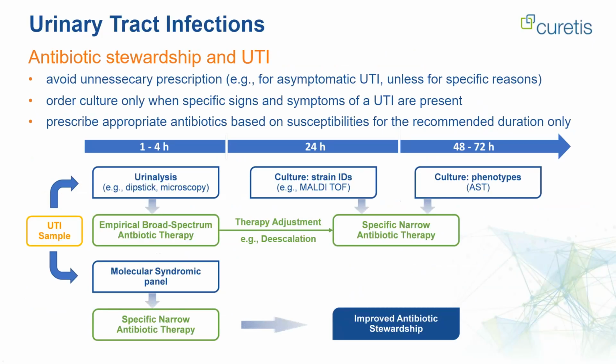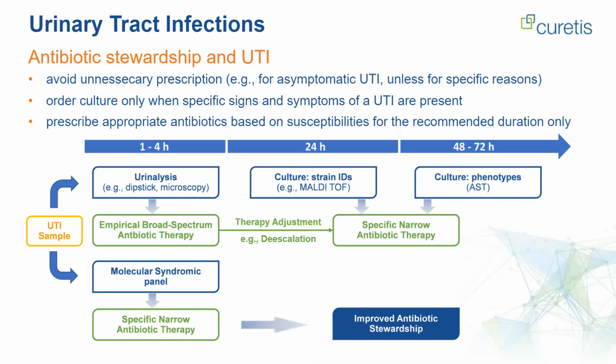Now, how can a molecular panel support patient management and antibiotic stewardship for UTI? So rules for reasonable antibiotic stewardship for UTI are to avoid unnecessary prescription, to order culture only when signs and symptoms are present, and to prescribe antibiotics based on susceptibilities and only for the recommended duration.